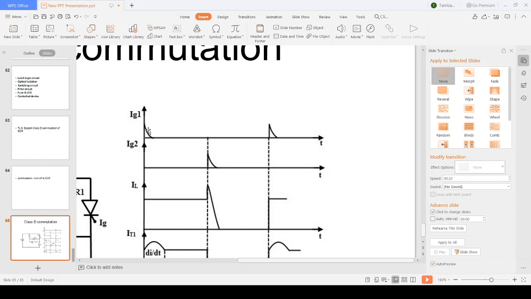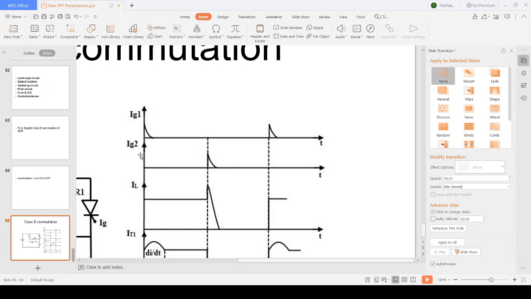After applying the gate pulse, the SCR will turn on, and the load current has some value. Current will flow through resistor RL.